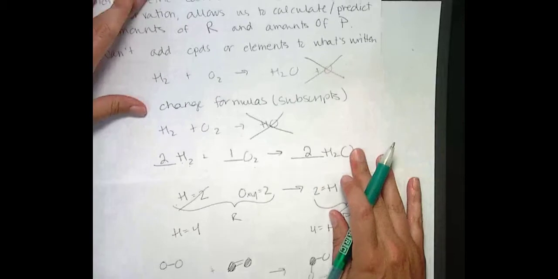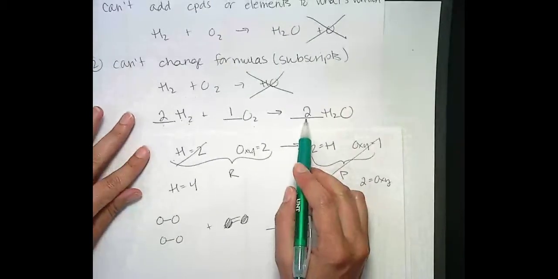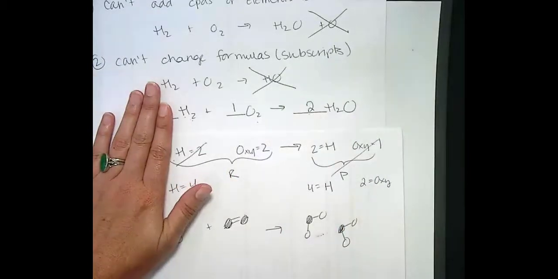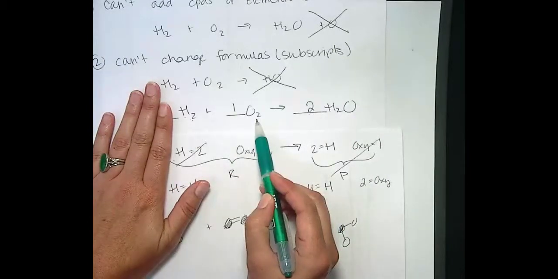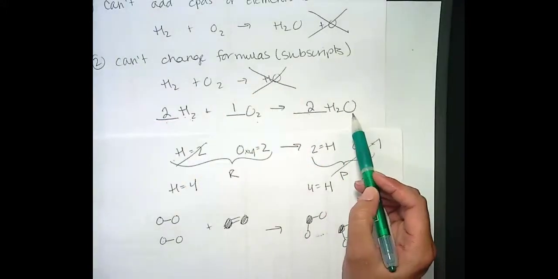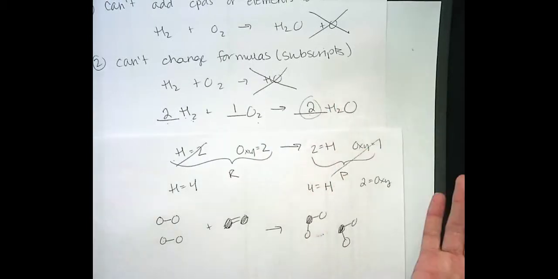Like way up here that you're not allowed to do? The balancing? So I'm just counting the numbers of atoms based on the subscript. So 2 hydrogens, 2 oxygens, 2 hydrogens, 1 oxygen. The only way I can make the oxygen catch up is by multiplying the whole thing by a number.